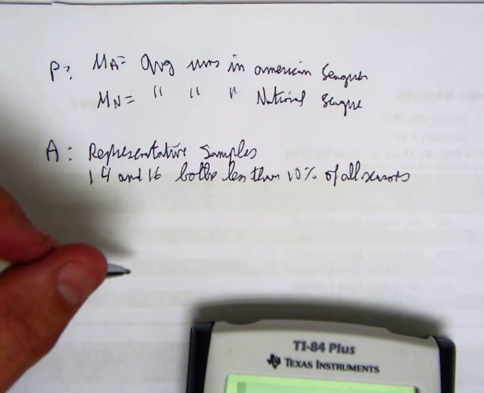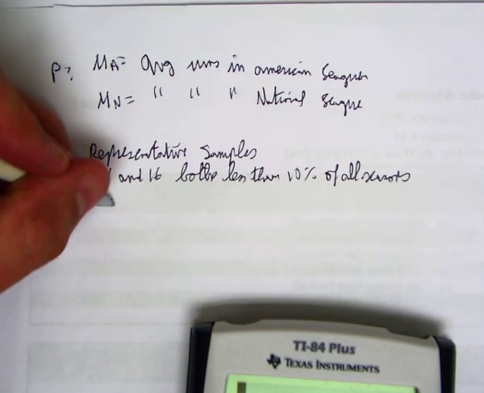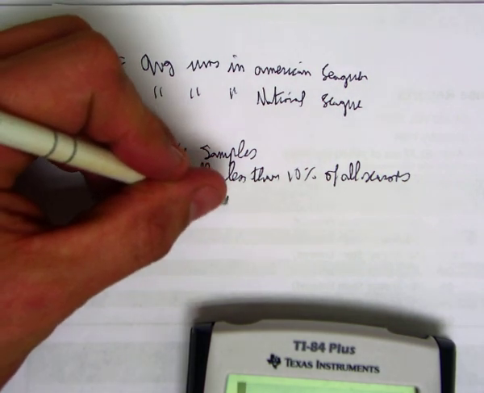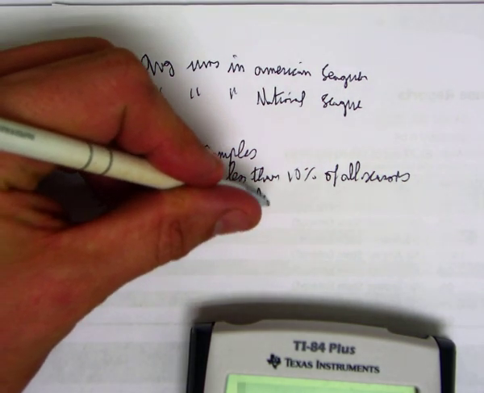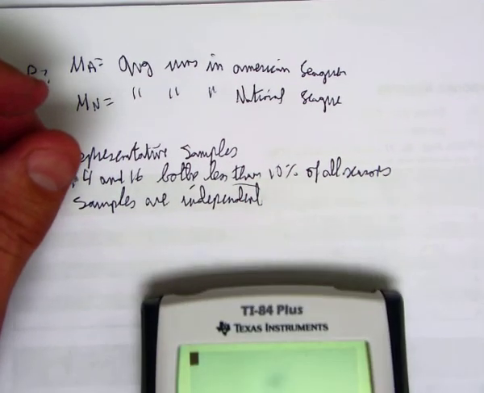The samples are independent. And then we already looked at the distributions, right?